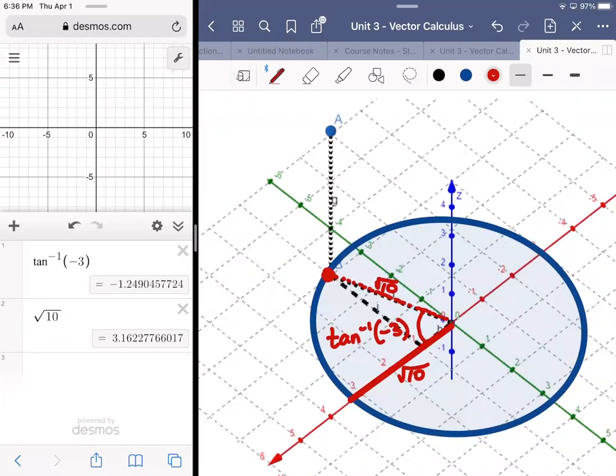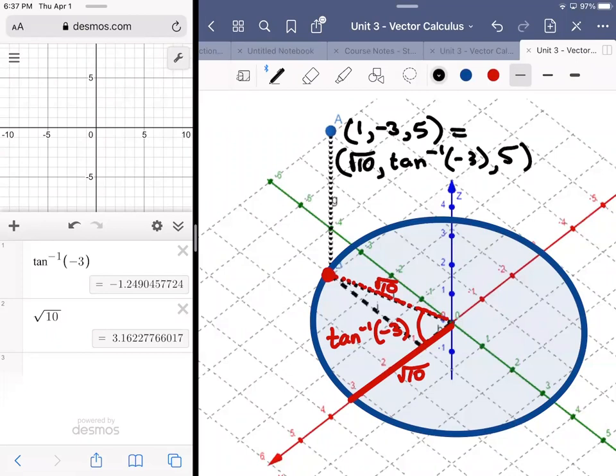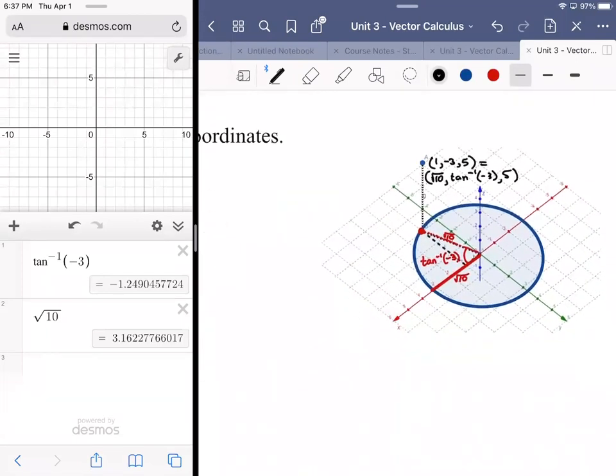That got us to point A. So this is (1, -3, 5), but it also happens to be radical 10, inverse tangent of -3, 5. Either way would be acceptable.